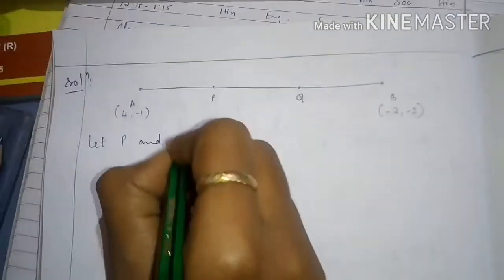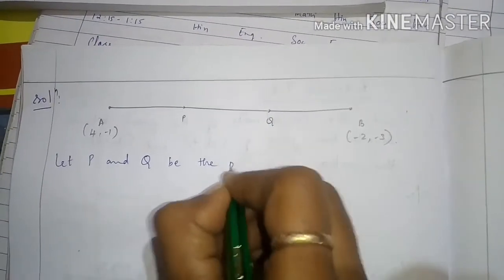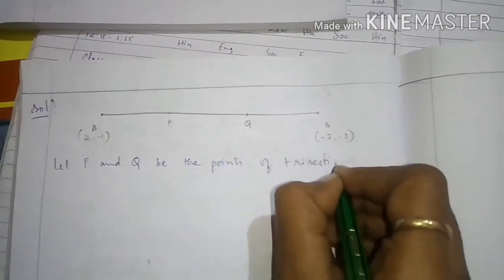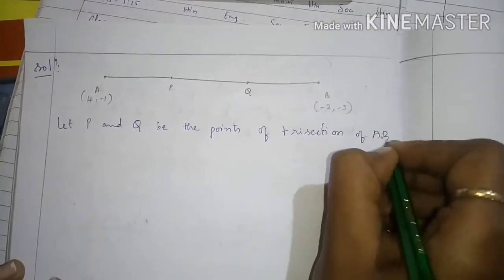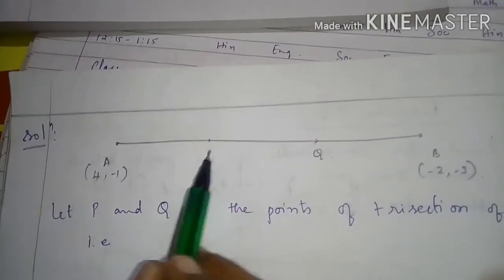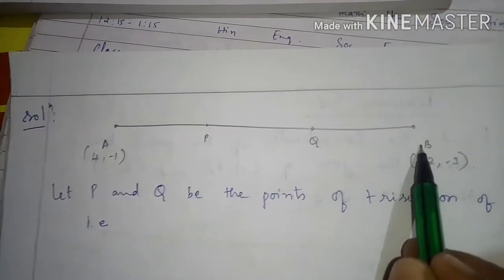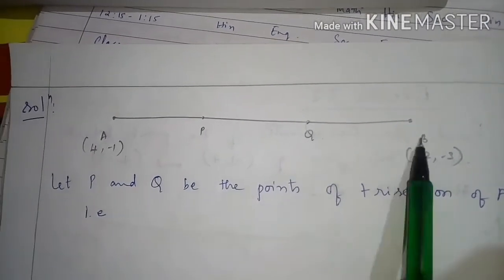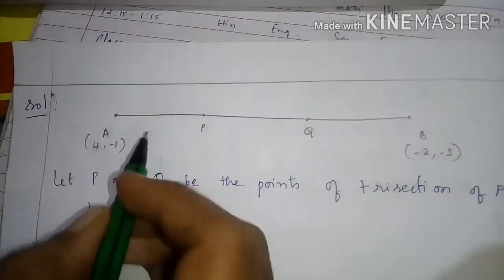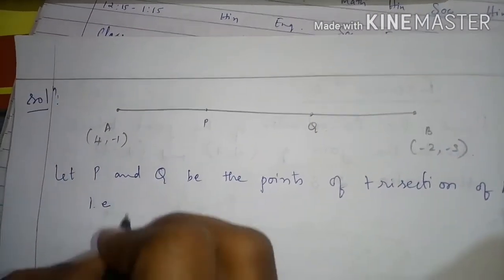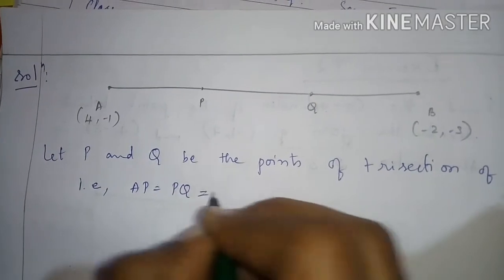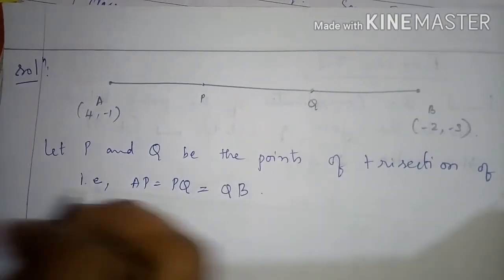Let P and Q be the points of trisection of AB. That is, here AP is equal to PQ, and PQ is equal to QB. These 3 sections are equally divided, that is AP equals PQ, which is equal to QB.